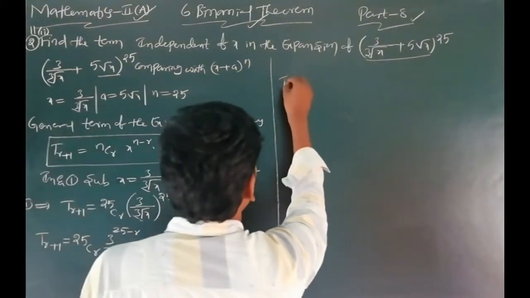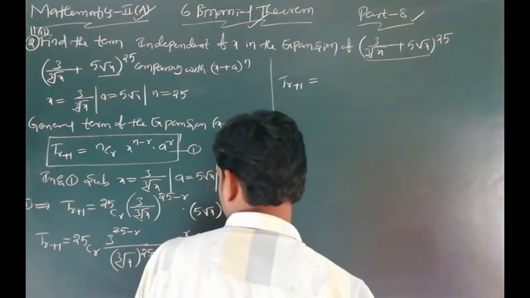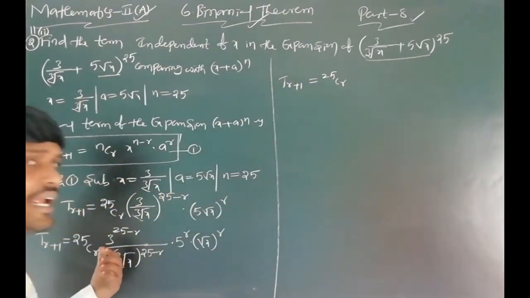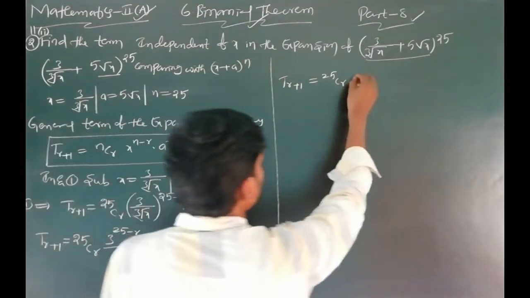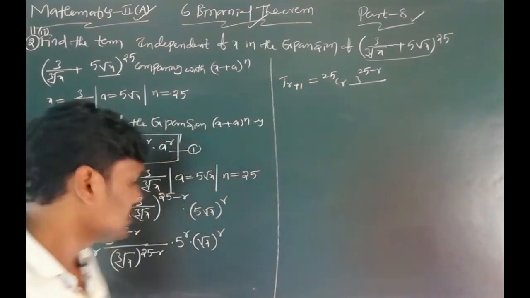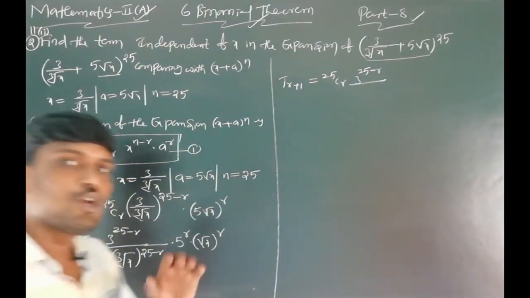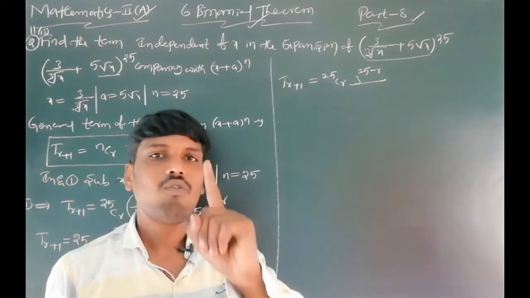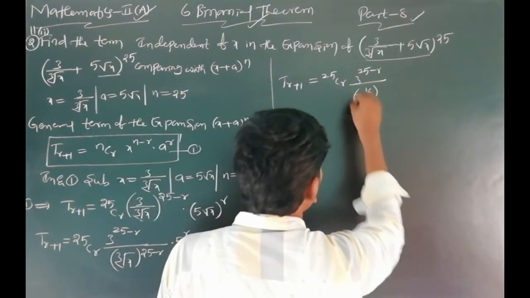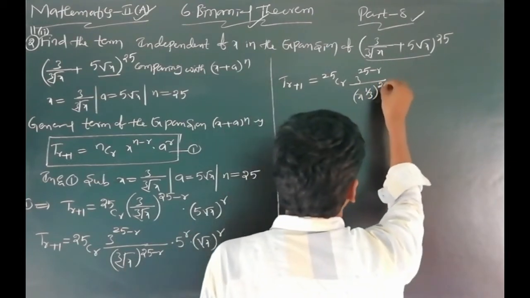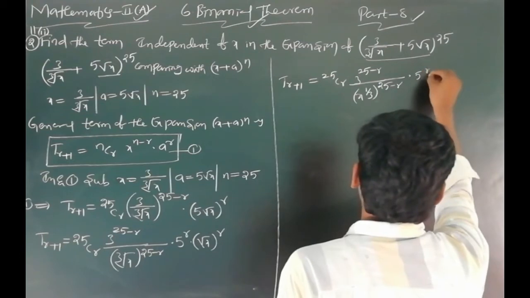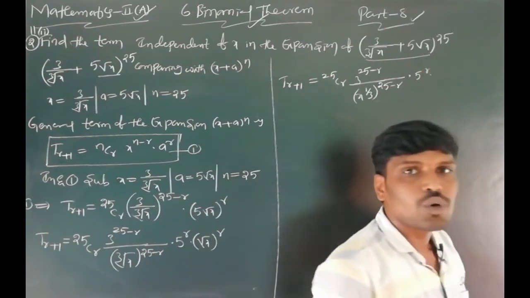After that, T r plus 1 is equal to 25Cr. You can write 3 power 25 minus r is constant. Here cube root of x is nothing but x power 1 by 3, all power 25 minus r, into 5 power r into, what is the meaning of square root of x?